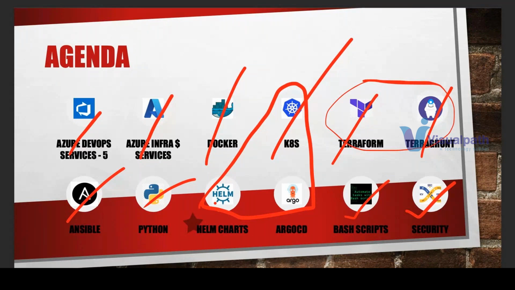If you can learn these two, at least you can get a job in the market. Forget about Kubernetes or Python. Python you should have, but it's not required right away. You can learn Python later also. That's my question.